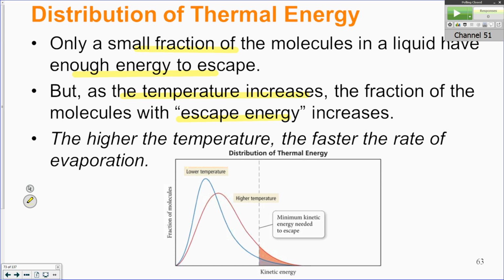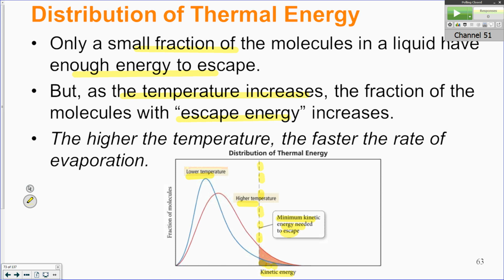So what's going on with that? If we compare a low temperature in blue versus the higher temperature in red, the blue represents the kinetic energy and the fraction of the molecules that have enough energy to escape. So this is the threshold that's required. It's the minimum energy needed to break free from the surface of the liquid and to go into the vapor state. At a low temperature, this may be a very, very small percentage.